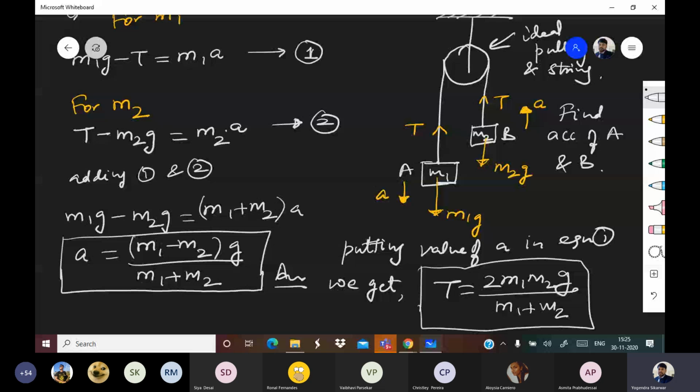Please do the calculation and find the value of T. How much is the value of T? Are you getting the same answer?